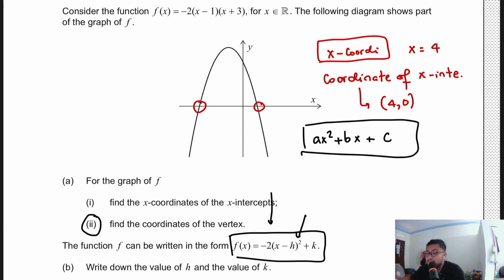Okay, can you see the curve? Can you notice something? The vertex is right in the middle between these two x-intercepts. No, the point is not in the middle, but what I mean is the x coordinate of the vertex is right in the middle between both x-intercepts.